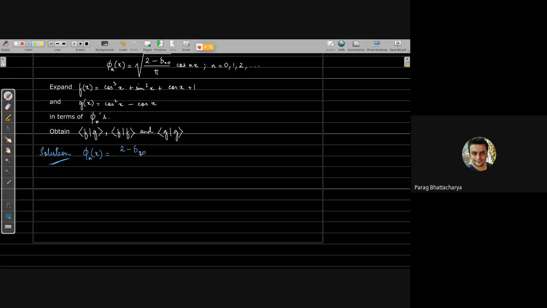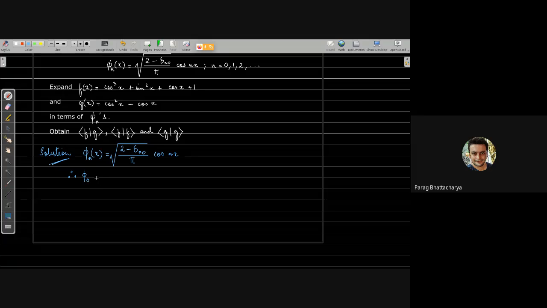For all other values of n, it will be equal to 0.